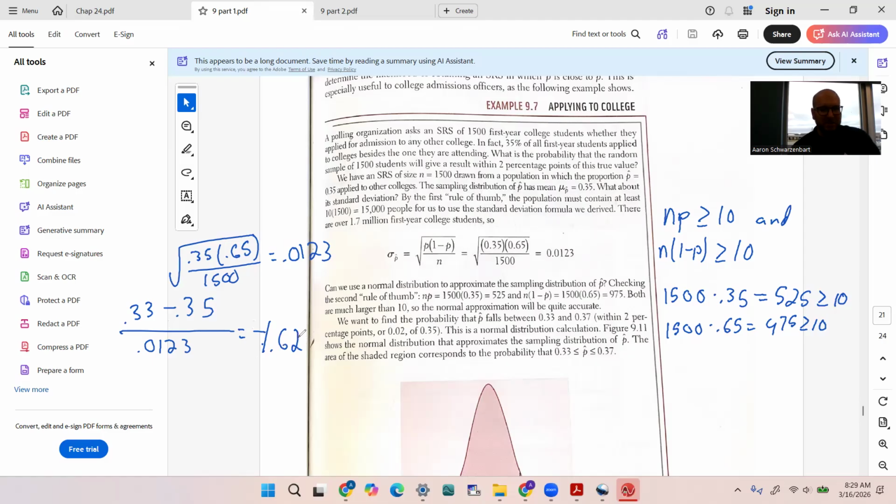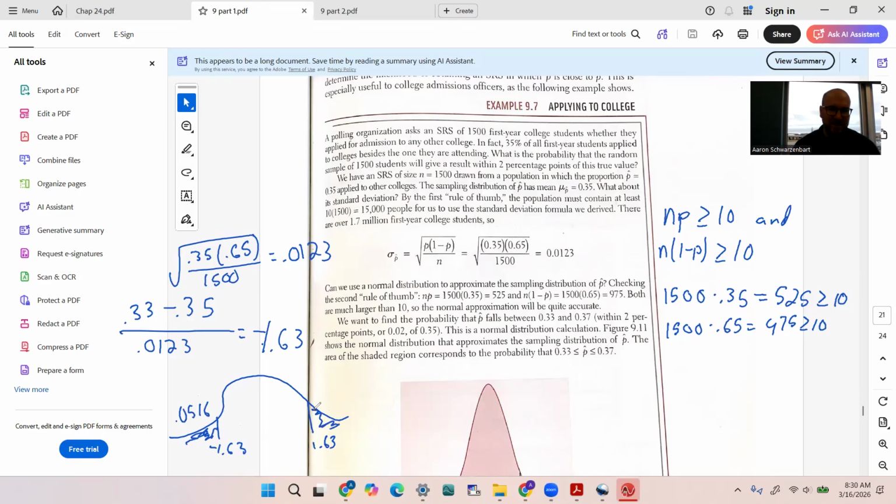So look up negative 1.63 in the z tables in the front. 0.0516.